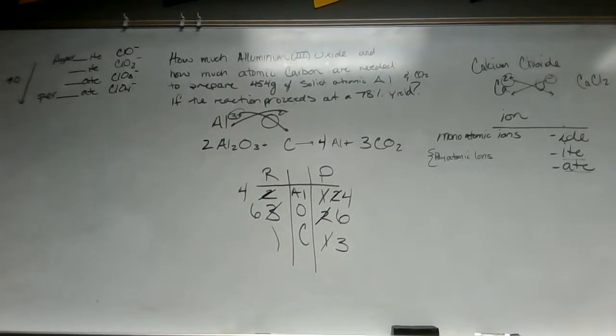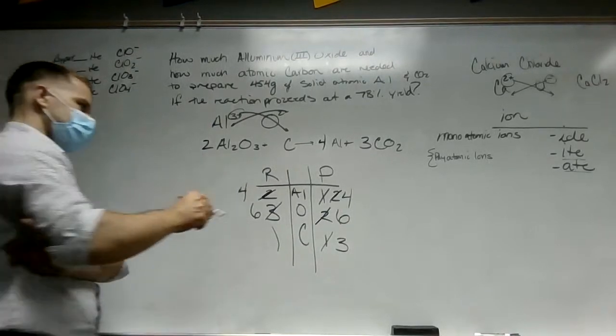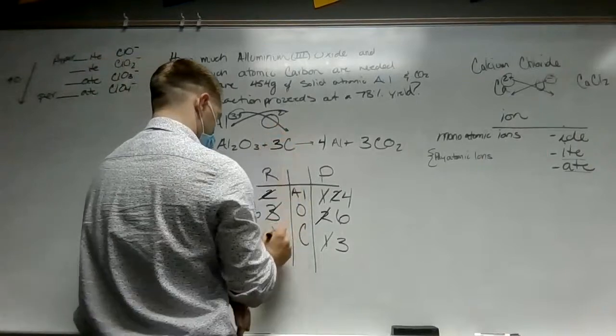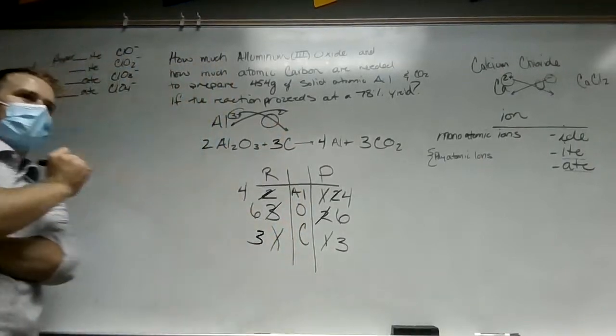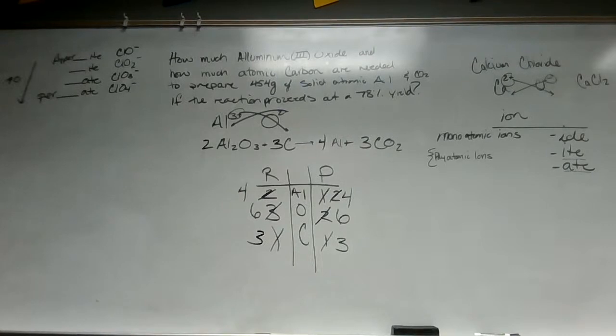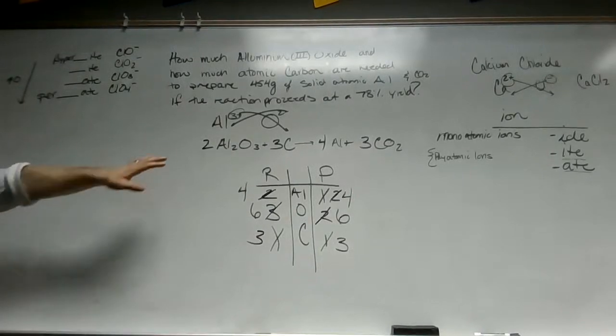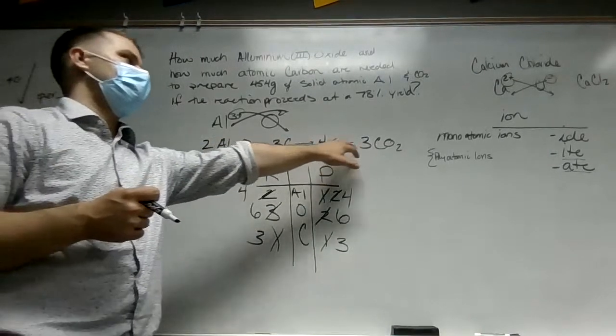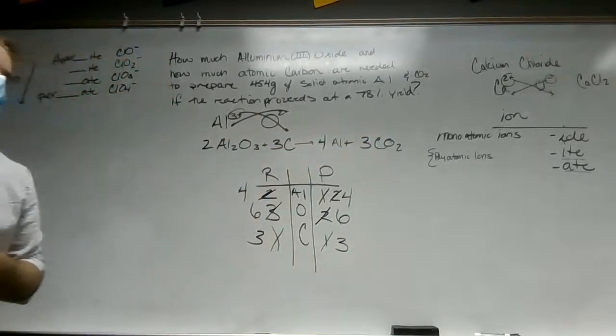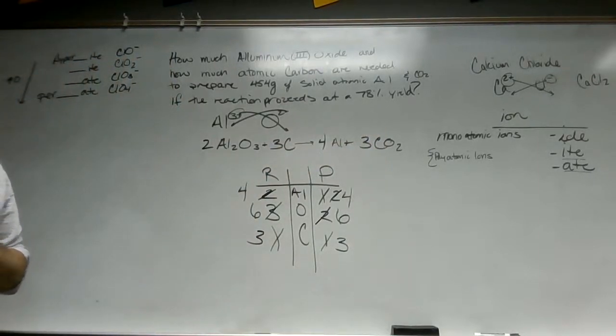The last thing we need to do is balance our carbon. Here. And everything is balanced. And we can go through and double check to make sure we are as simplified as we can be. We can't divide out anything from our stoichiometric coefficients. So now we have a balanced chemical reaction.